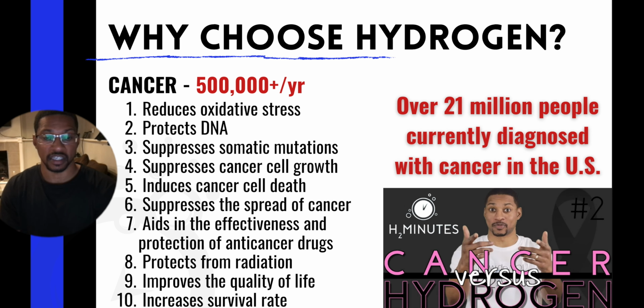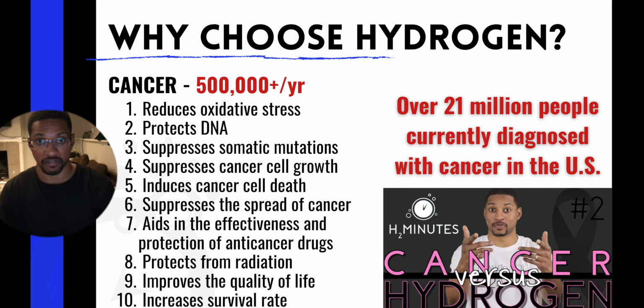It also, with cancer, which claims 500,000 people per year or more in the United States, and over 21 million people are currently diagnosed with cancer in the United States. We show in this video that hydrogen has therapeutic potential for cancer by reducing oxidative stress, protecting DNA, suppressing somatic mutations, suppressing cancer cell growth, inducing cancer cell death, suppressing the spread of cancer, and aiding in the effectiveness and protection of anti-cancer drugs.